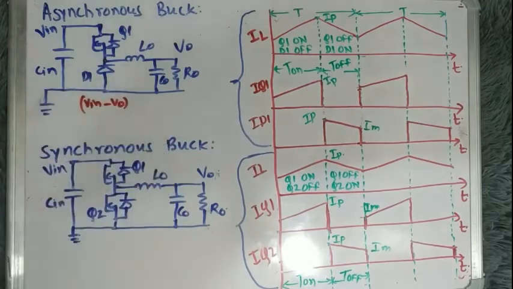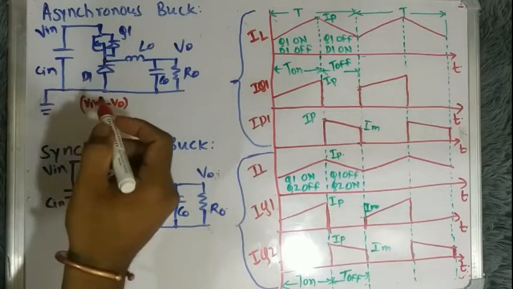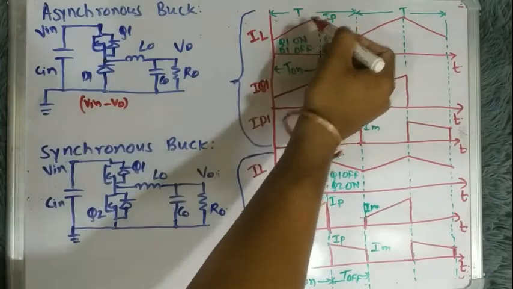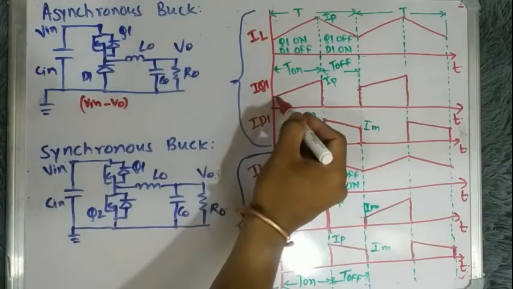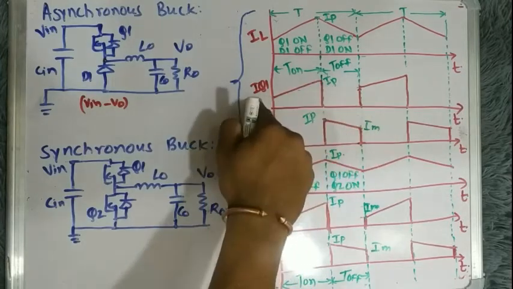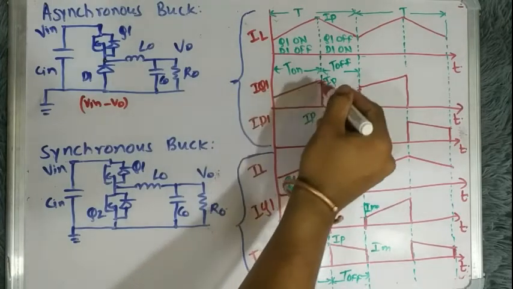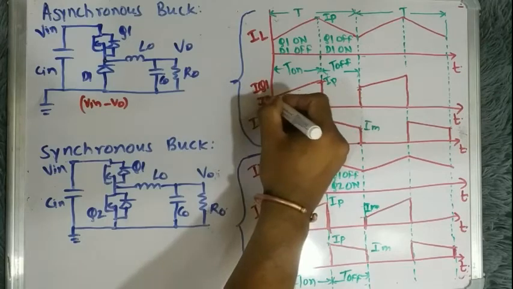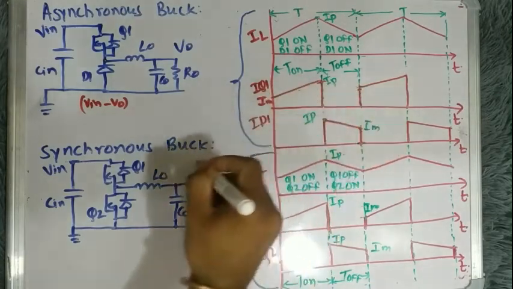This is the net voltage which appears across the inductor during time Ton. We can see the inductor current is ramping up, flowing through Q1, from, let's say, IM value to IP value.